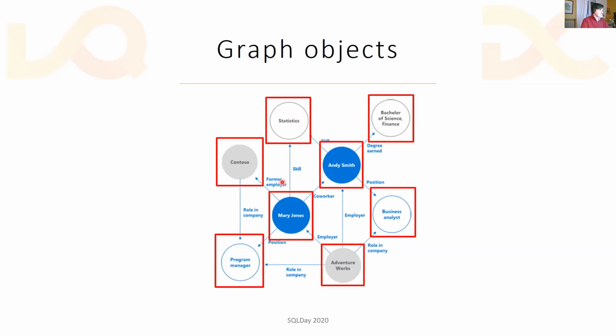All the lines between the balls, Mary Jones has a degree in statistics, and she comes from Contoso, and she is a program manager. All these lines are edges, are relationships.